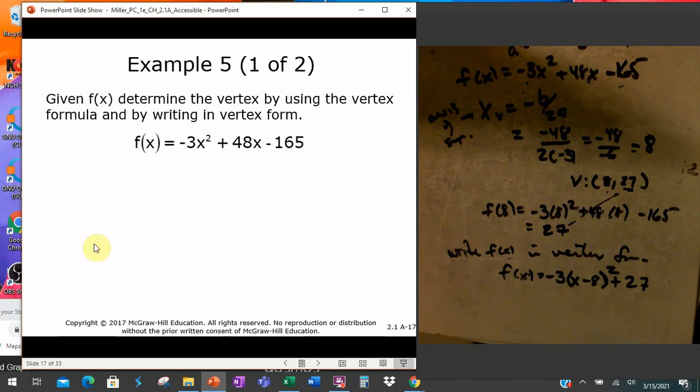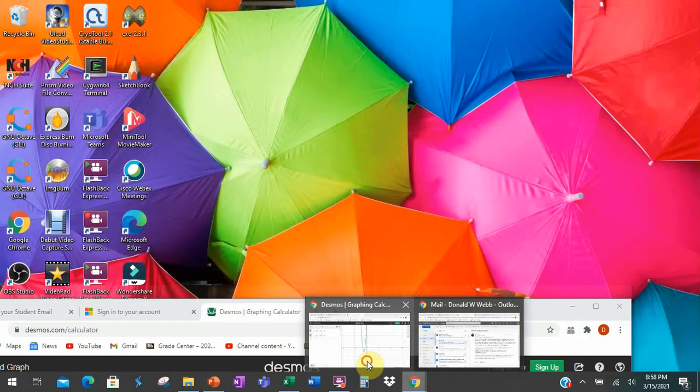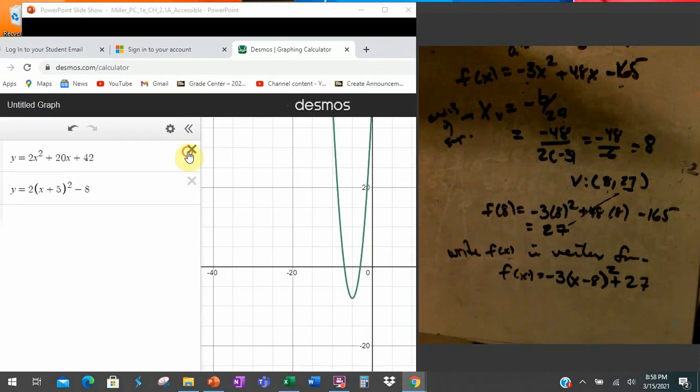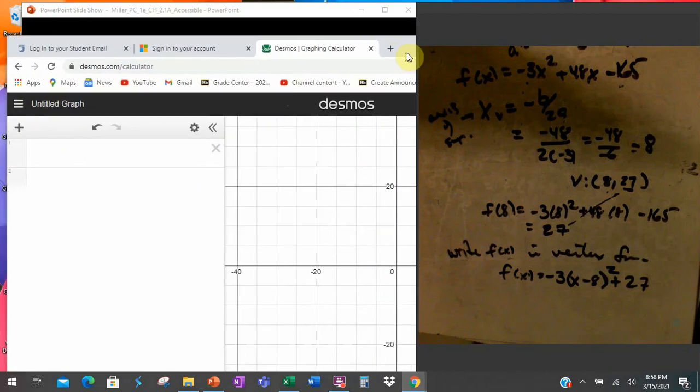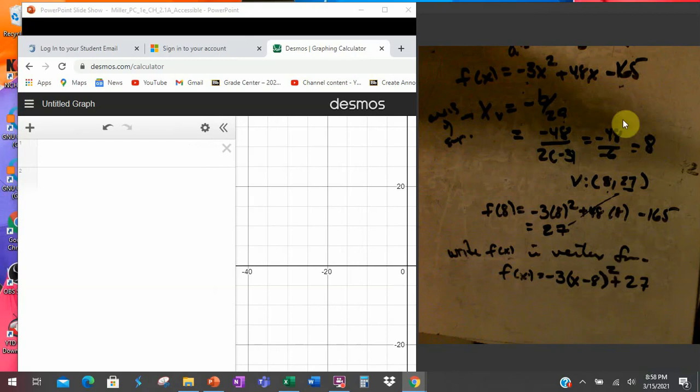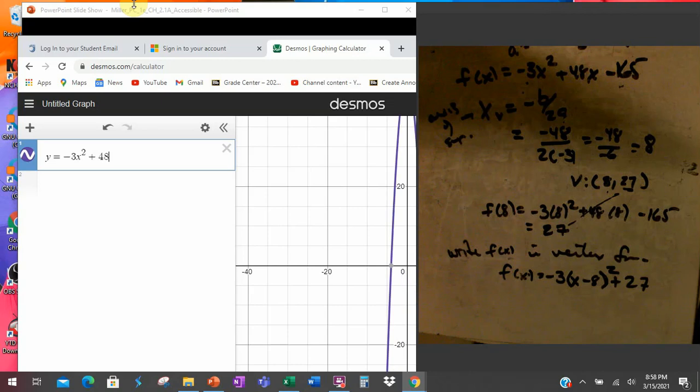So if I go back to Desmos, cancel this out, and see if this gives us an equivalent graph between these two. Are they equivalent functions? So I have y is equal to negative 3x squared plus 48x minus 165.